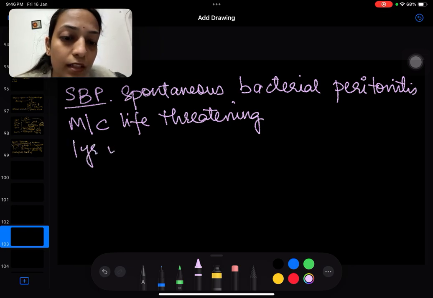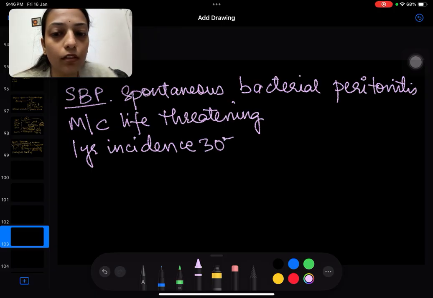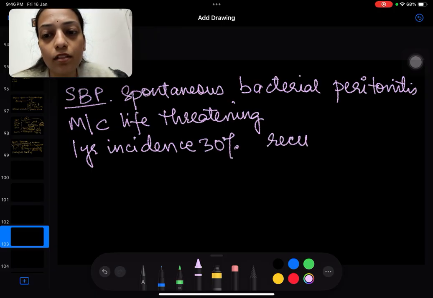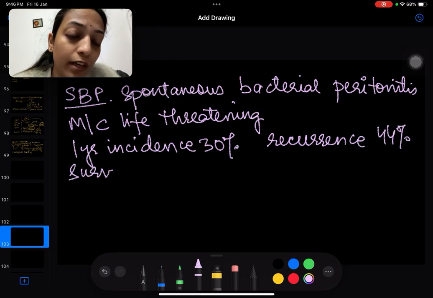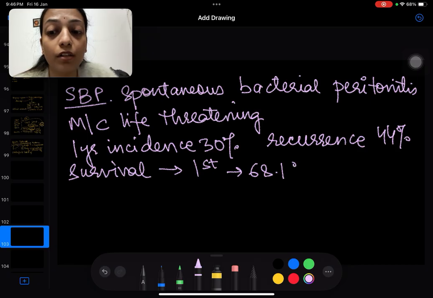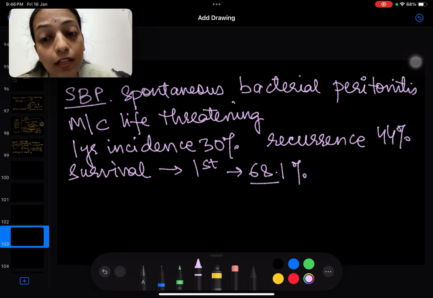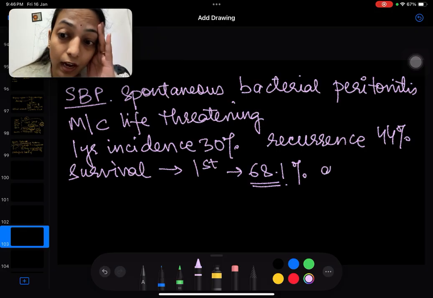One year incidence is roughly 30%. Recurrence is 44%, right? Survival rate is very low. Survival rate of the first episode is 68.1%, which means only 68% of patients are going to survive at 1 month, the rest are going to die.